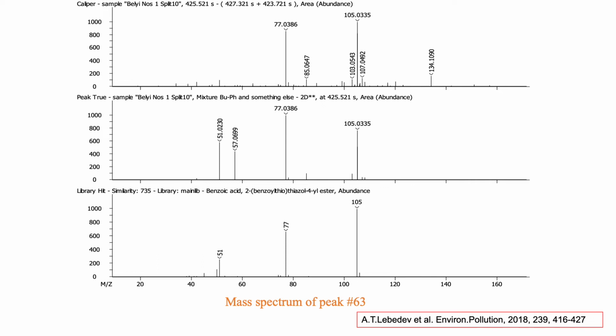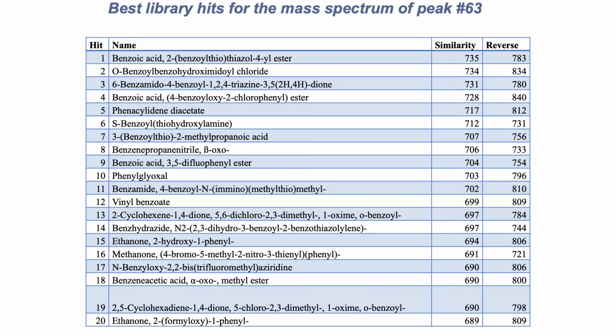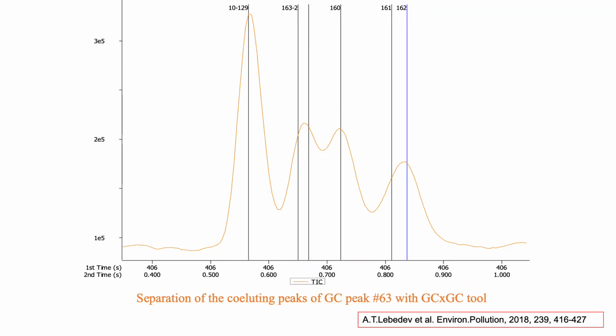It is in the middle, peak true, and definitely contains some impurities from other coeluting compounds. In the hit table, look at it, quite nice scores, close to 800, but anyway I didn't like the names of those compounds. When we used two-dimensional GC, we got the following picture.